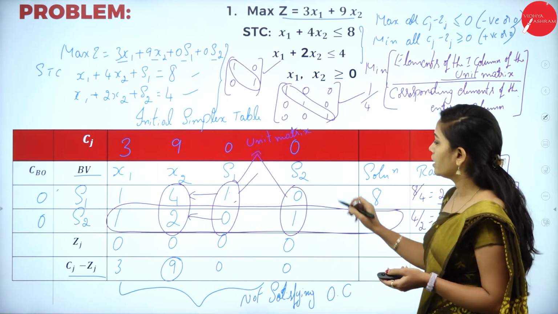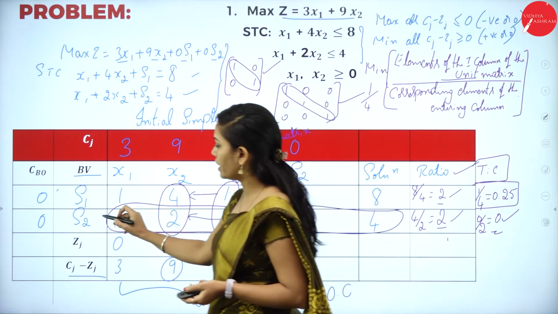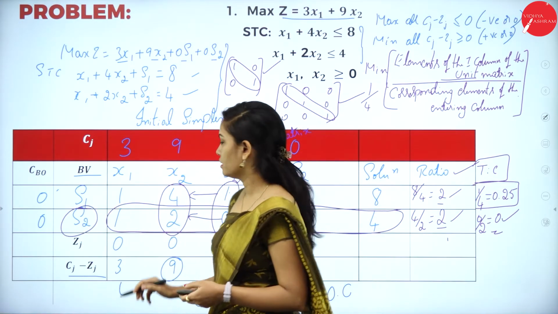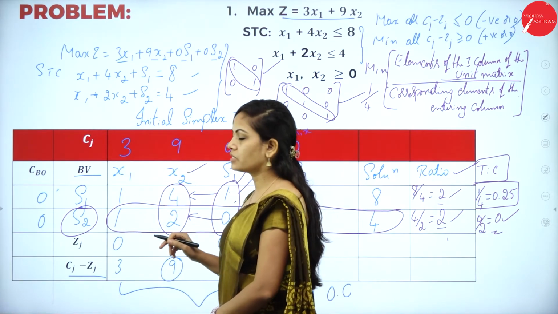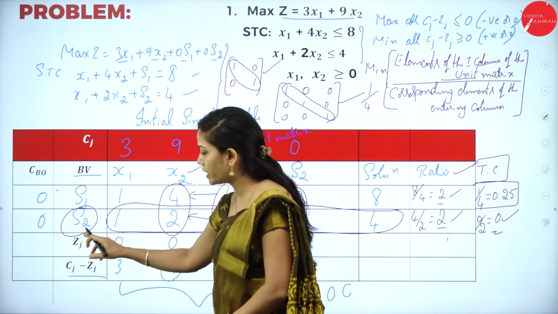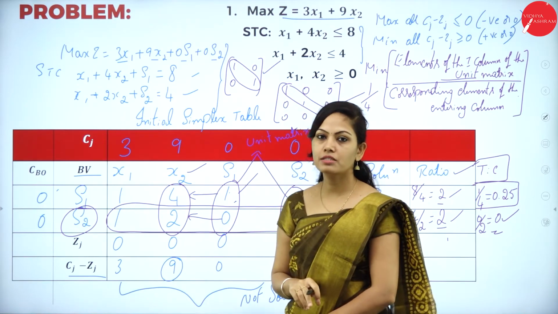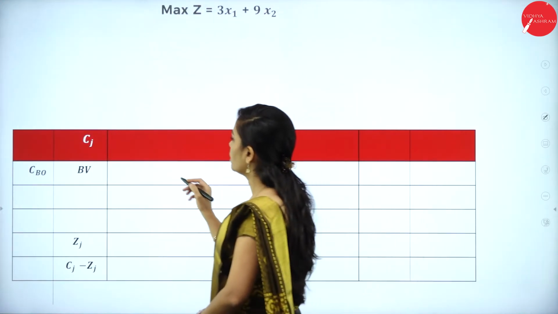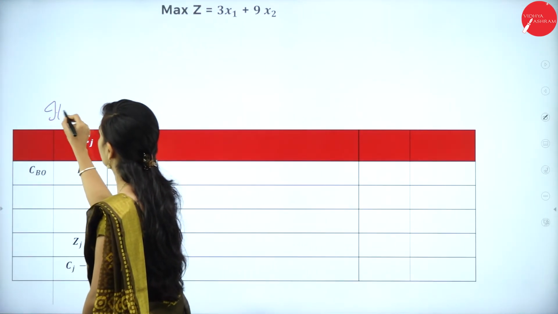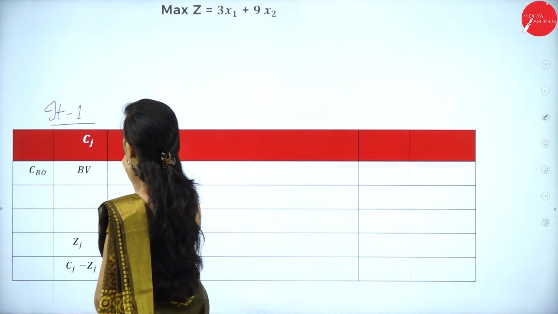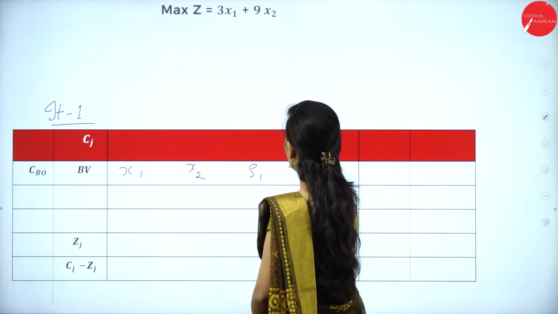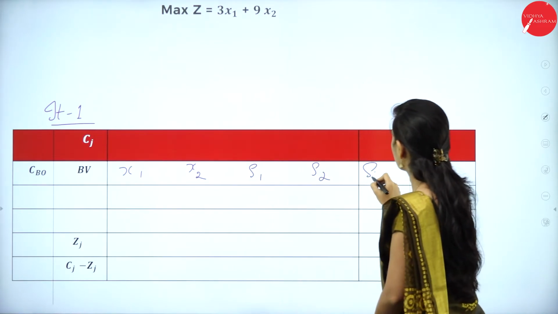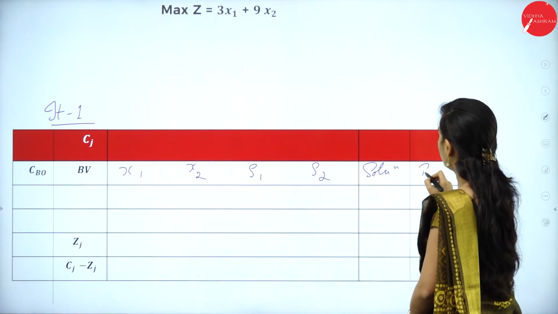So now S2 is the leaving variable and X2 is the entering variable. In the next iteration, in place of S2, I will write X2. Iteration 1: X1, X2, S1, S2, solution and ratio.